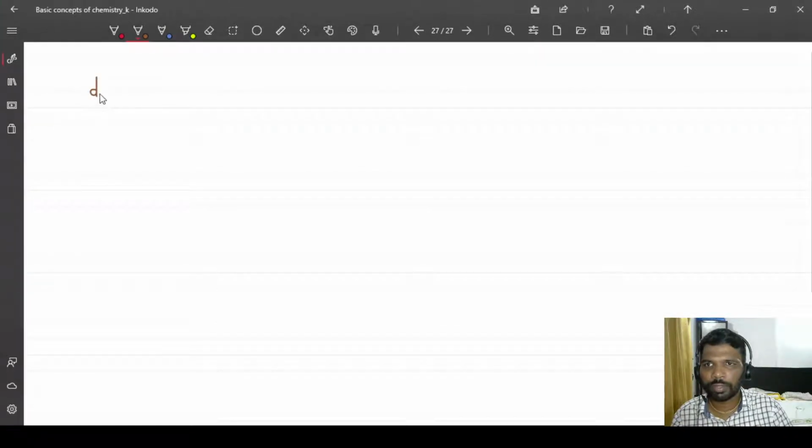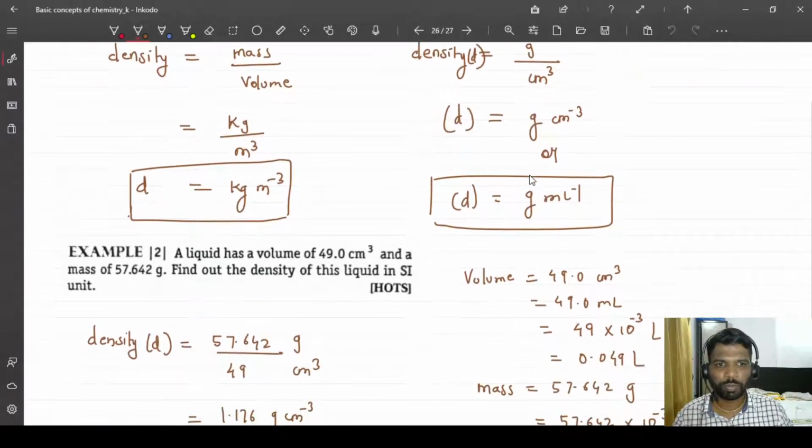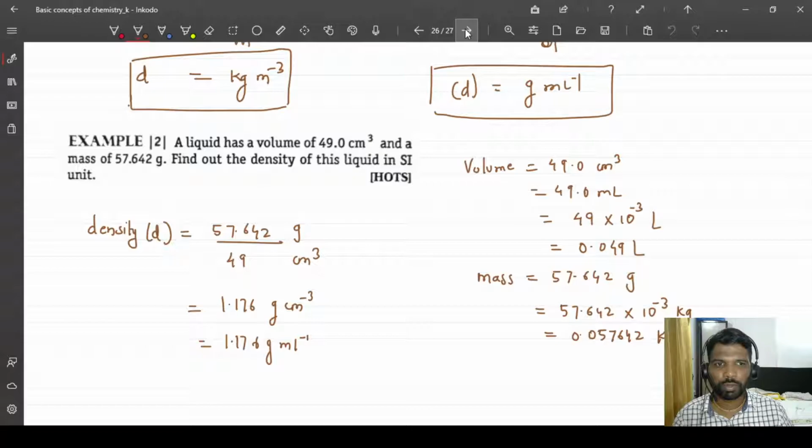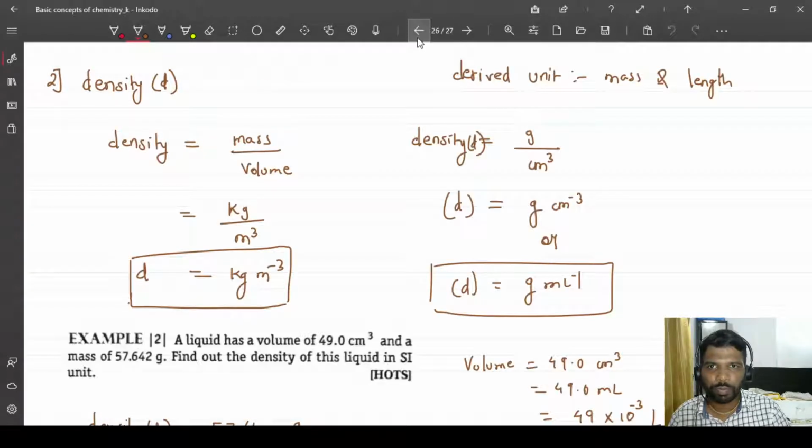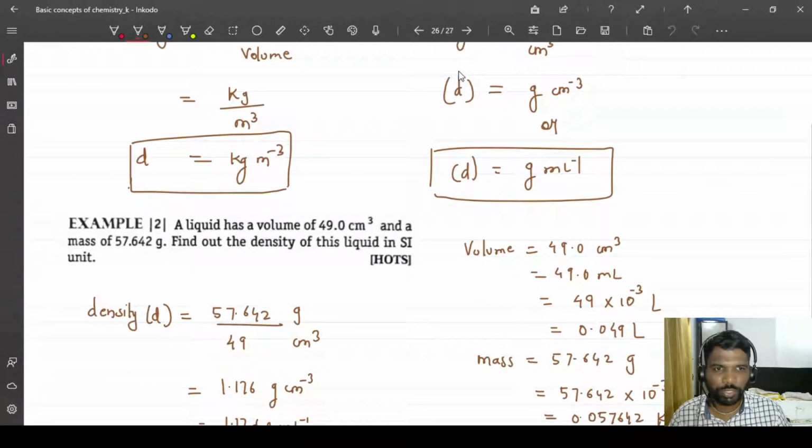So density in kilograms per liter will be equal to mass, which is 0.057642, divided by volume, 0.049 liter.